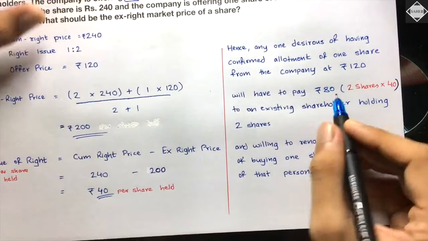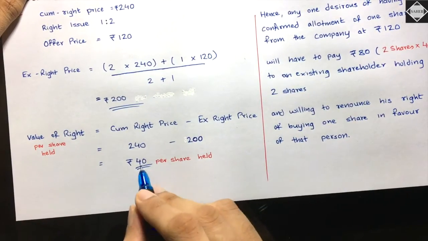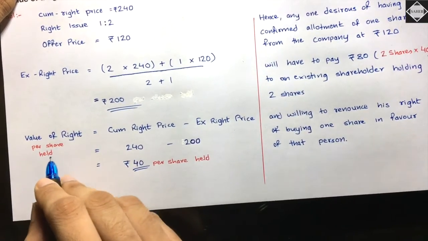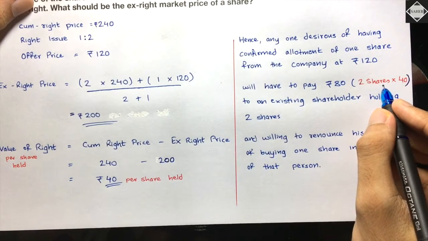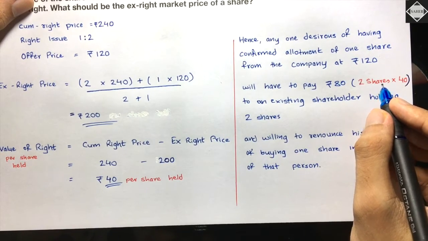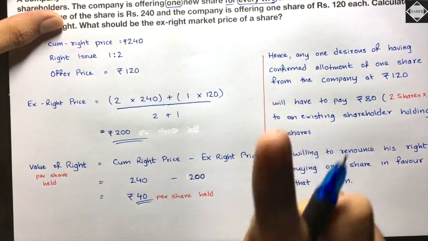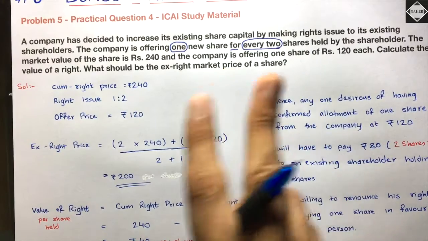Do you understand? That is why this 40 per share is not the value of right. This is the value of right per share held. Okay, so 40 into 2. Is that clear? Because a right is equal to 2 existing shares. The ratio here is 1:2 now. So a right is equal to 2 shares over here.